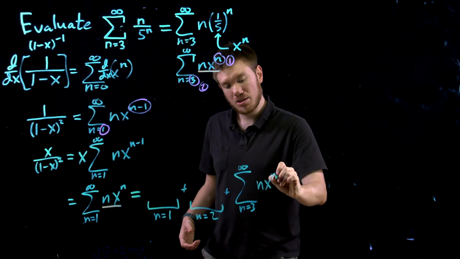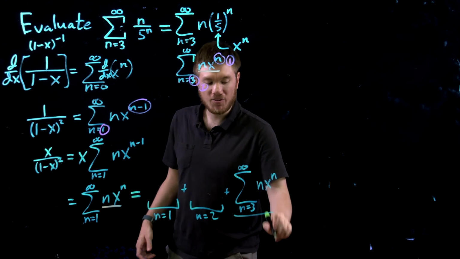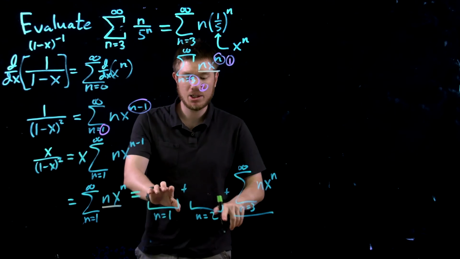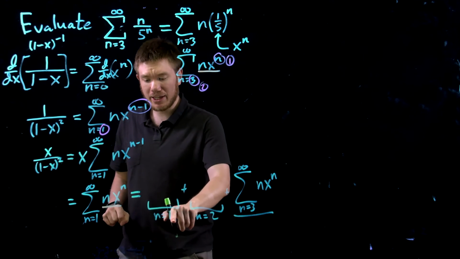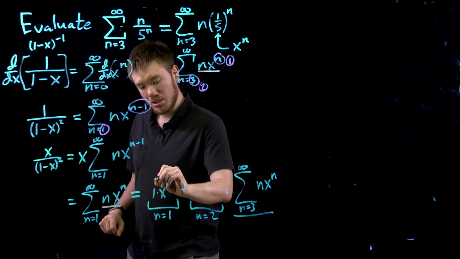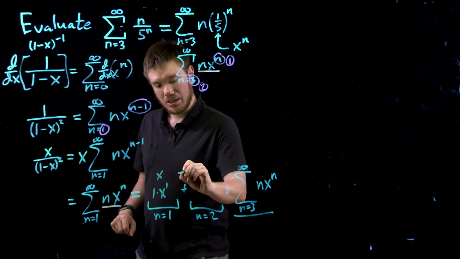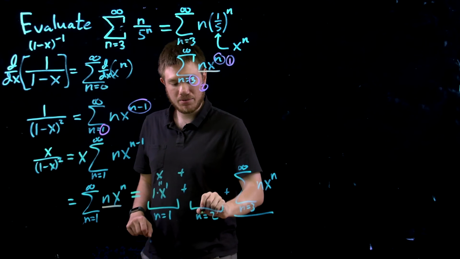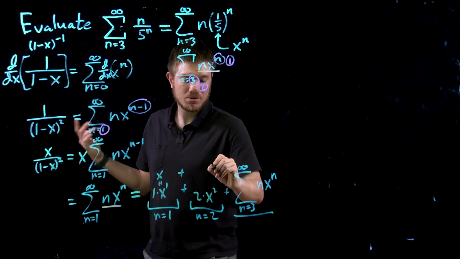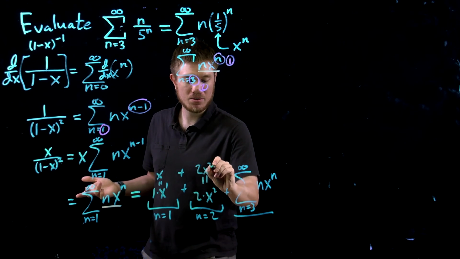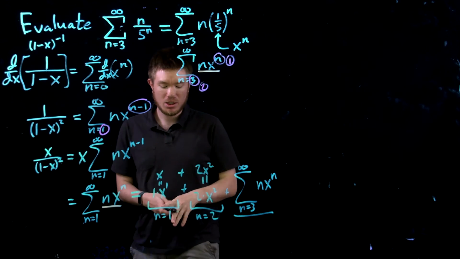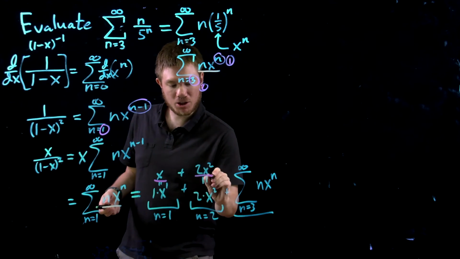We plug in 1/5 in a second, once we figure out what these first two terms are. So when n equals 1, we get 1 times x to the 1, also known as x. And when n equals 2, we get 2 times x squared, also known as 2x squared. Now we can do some straightforward algebra and move these two terms over to the left-hand side.